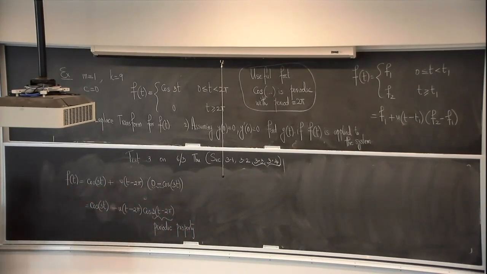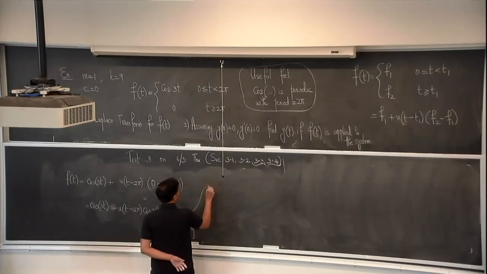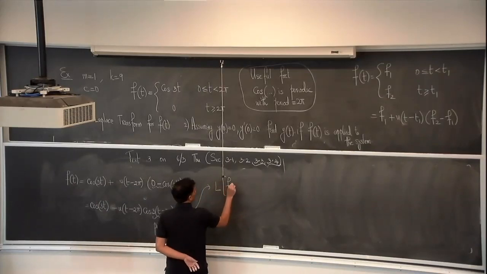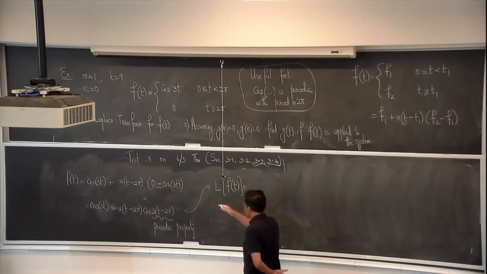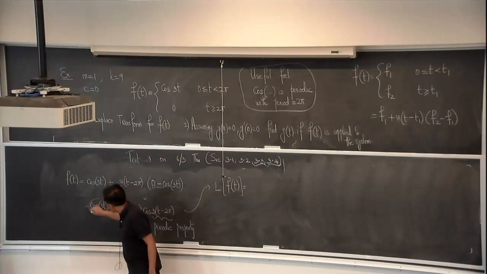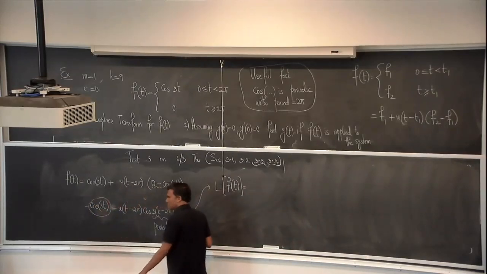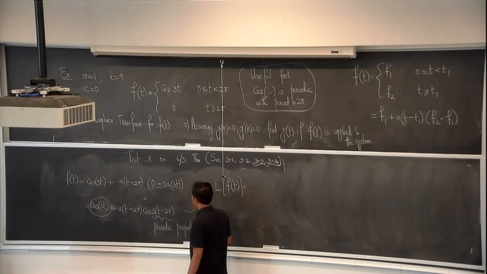Because that makes it appropriate to apply the second shifting theorem. First part, which is to find the Laplace transform for that function: this term is just an ordinary term, just case number 5 or something, s over s squared plus 9.